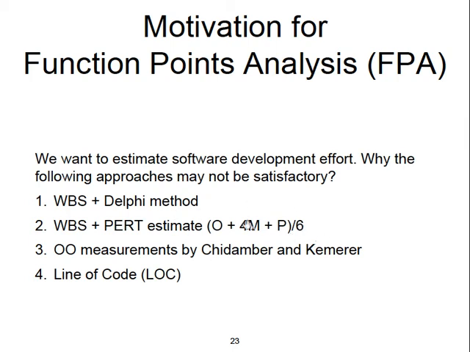So you can apply this calculation and divide by 6. This formula basically gives equal weight to the optimistic and the pessimistic one, same weight, and then gives the medium or most likely case 4 times the weight.